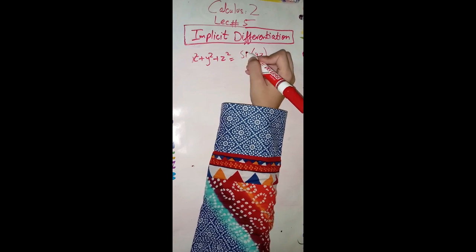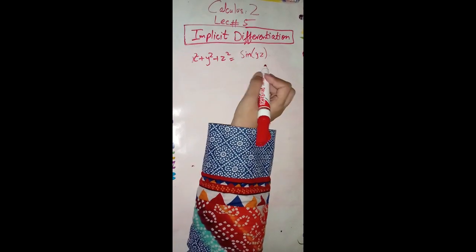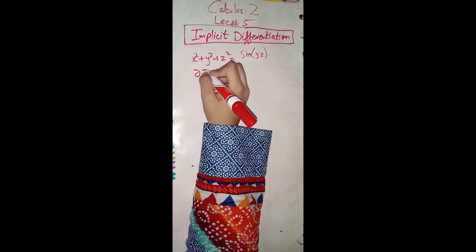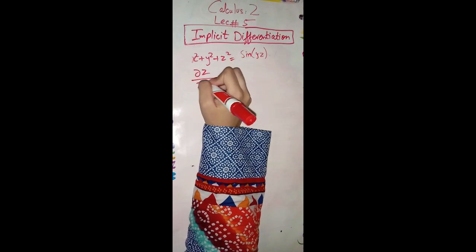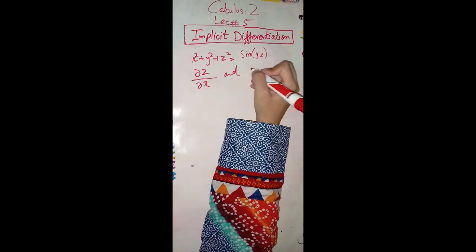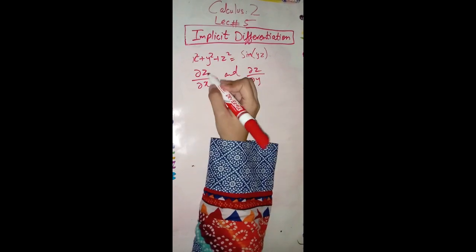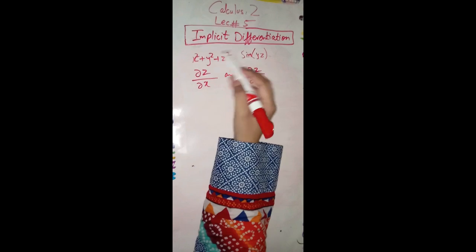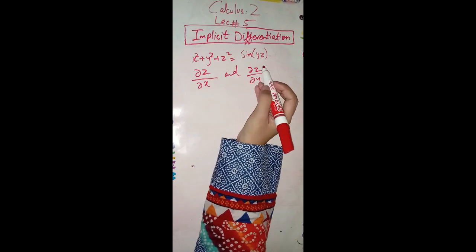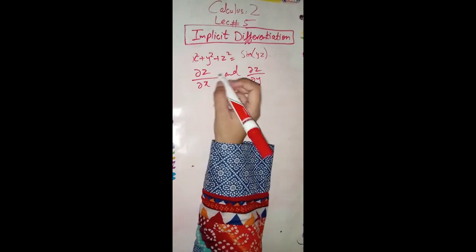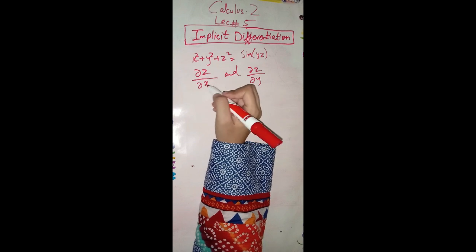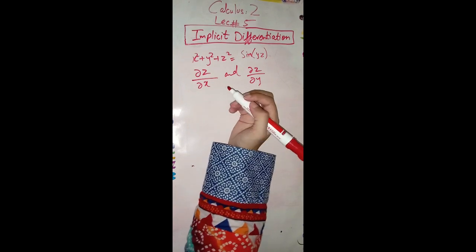We have an expression on our left hand side and right hand side. We have to find partial of z by partial of x and partial of z by partial of y. We have to make partial of z by partial of x from our expression, then take it on one side and find what partial of z by partial of x is equal to.